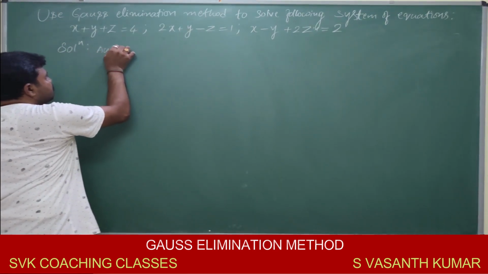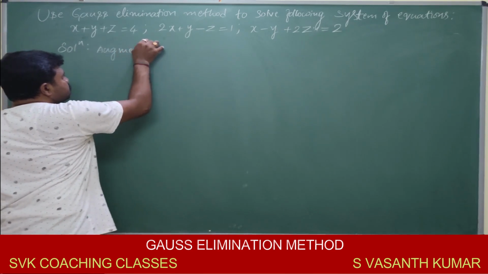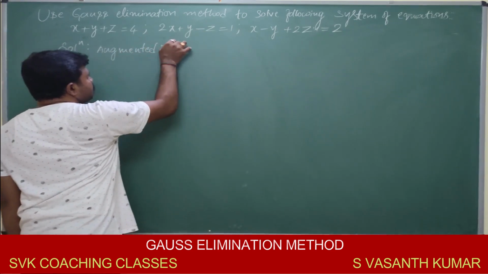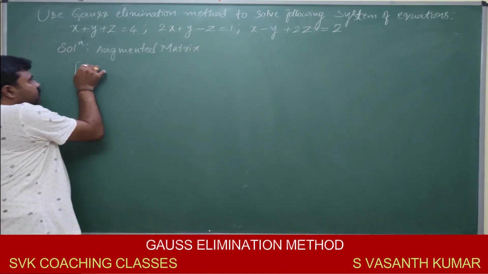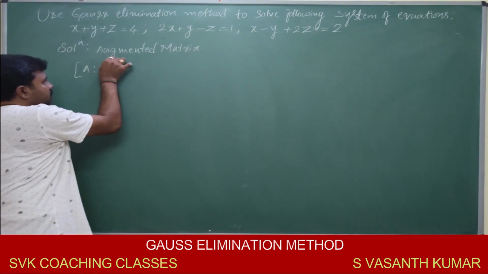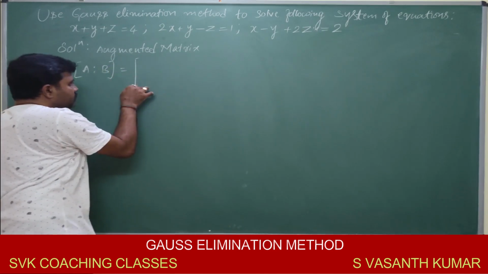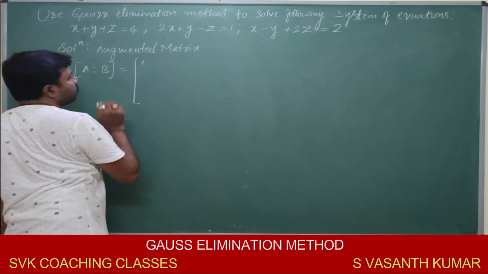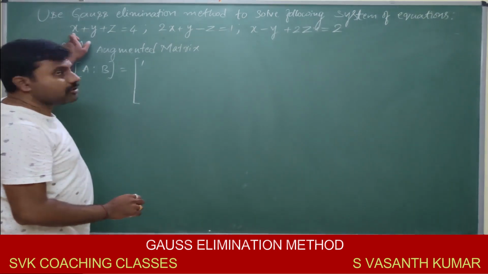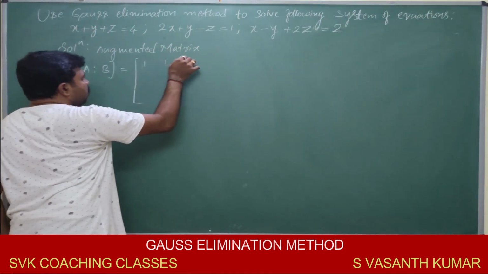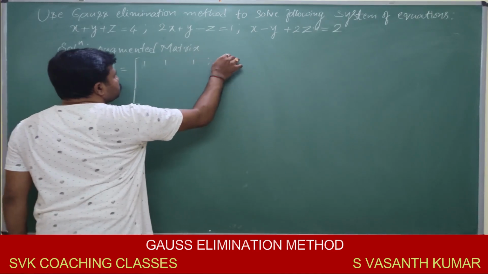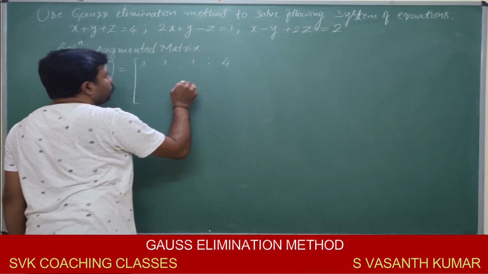The augmented matrix of the given system of equations, A|B: the first row, the coefficient matrix is 1, 1, 1, and the matrix B is 4.